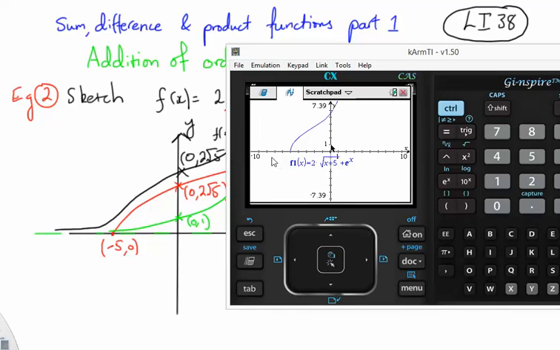So you can see the calculator's been a bit limited here, because with your x plus 5 it's such a jump, it's hard to even see it on the calculator.